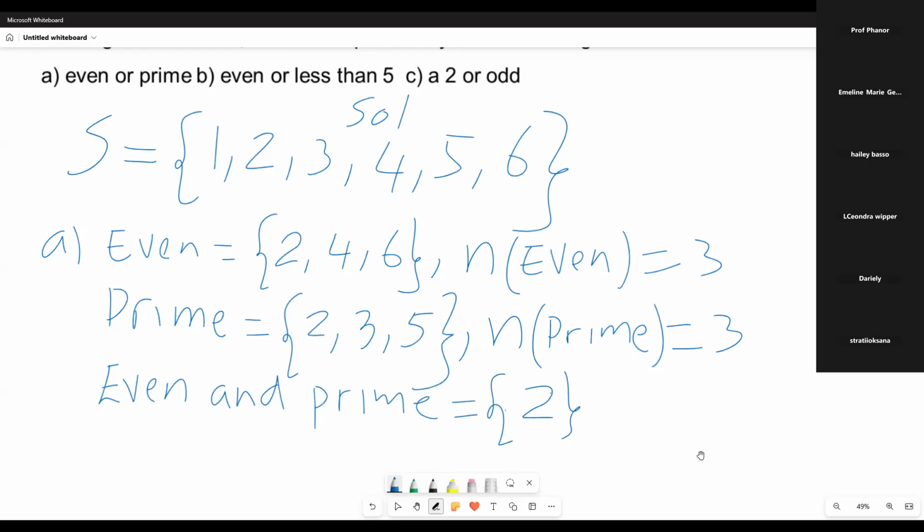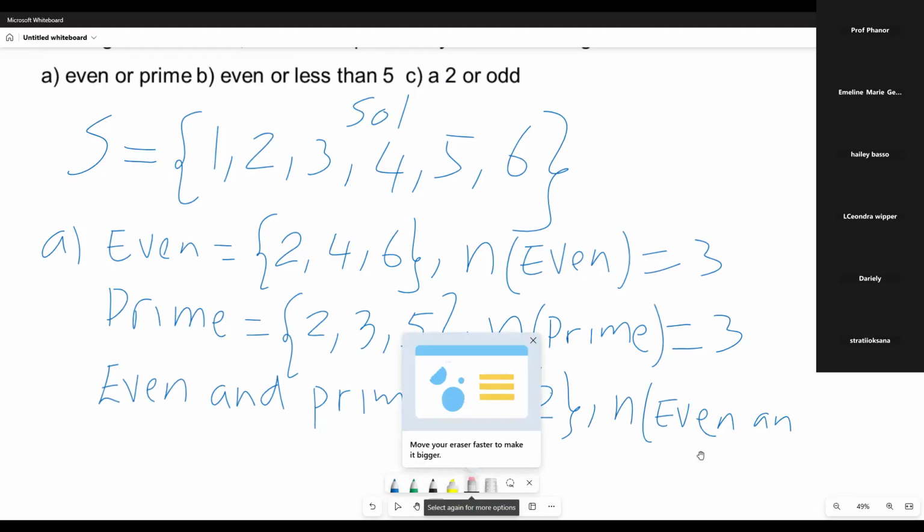Yes. And then n of even and prime, I'm going to use E for event and then P for prime, okay?